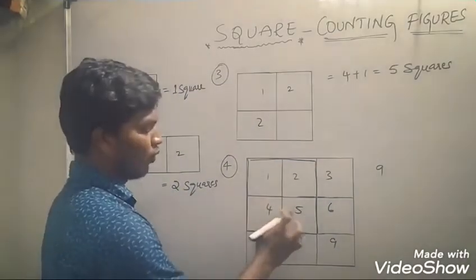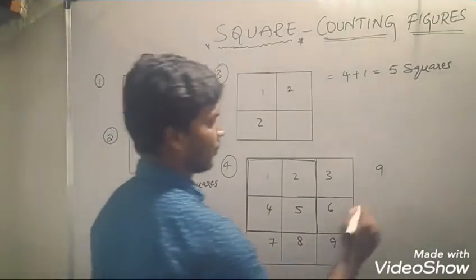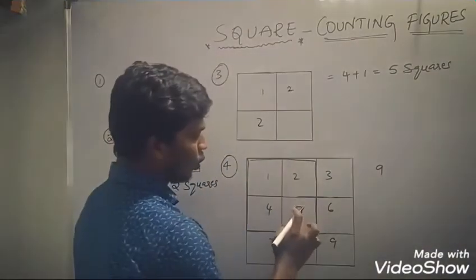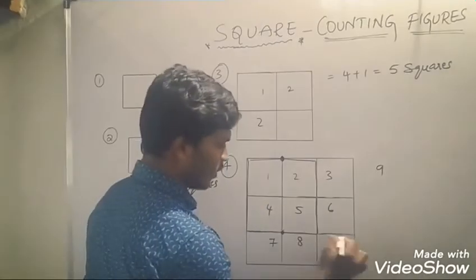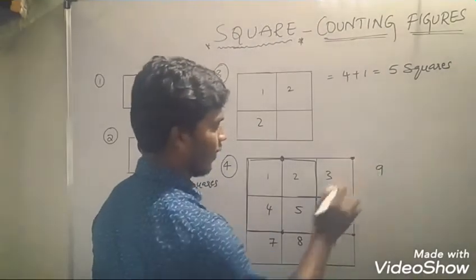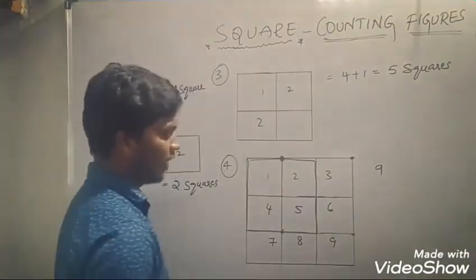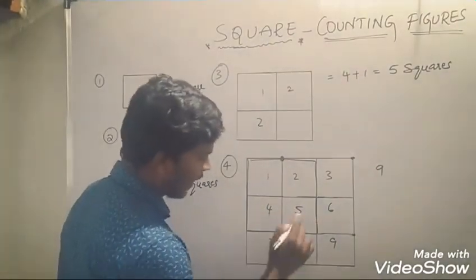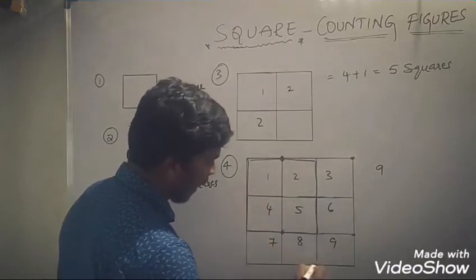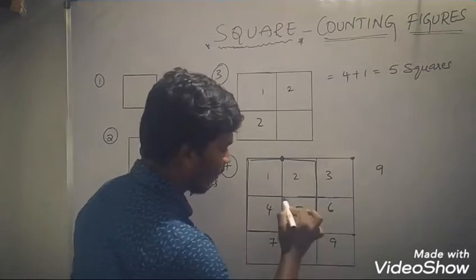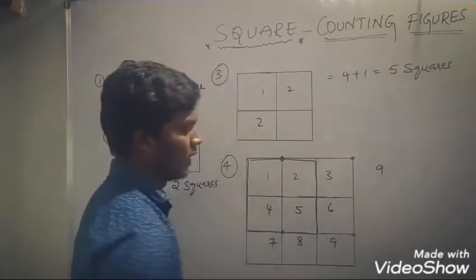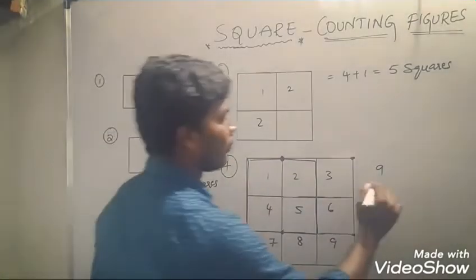And 2, 3, 5, 6 will make another square, and 4, 5, 7, 8 will make another square, and 5, 6, 8, 9 will make another square. So we have 4 squares.